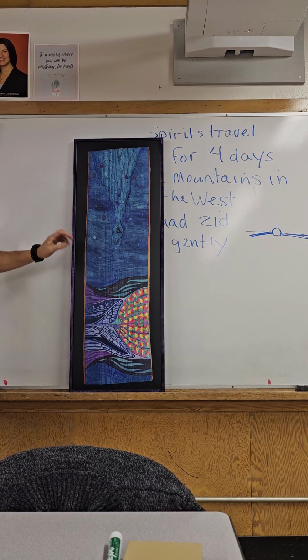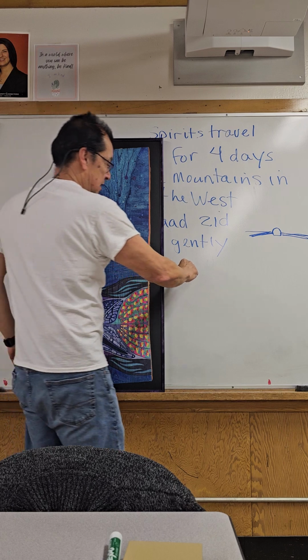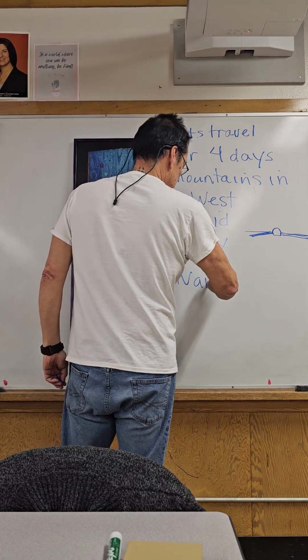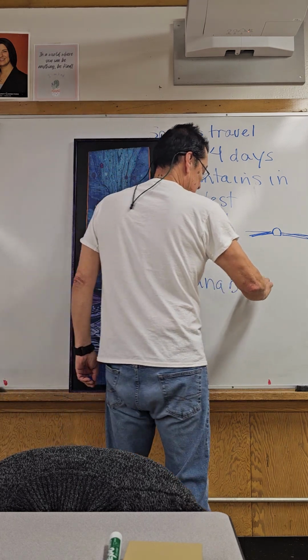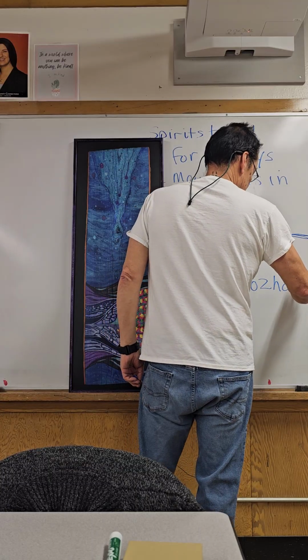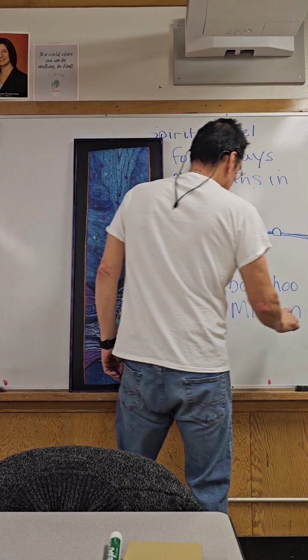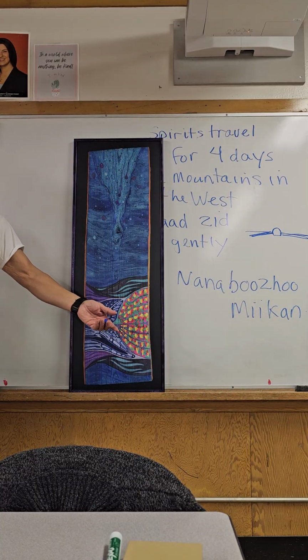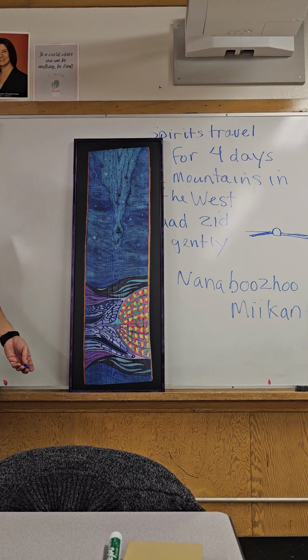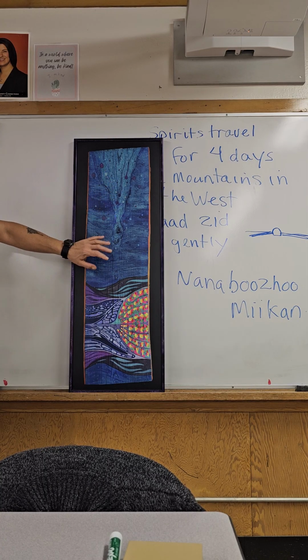This is called Aanishinaabe Mikan, Aanishinaabe's path, Aanishinaabe's way. Most people refer to it as the Milky Way. And in the Aanishinaabe beliefs, this is where our spirits travel.